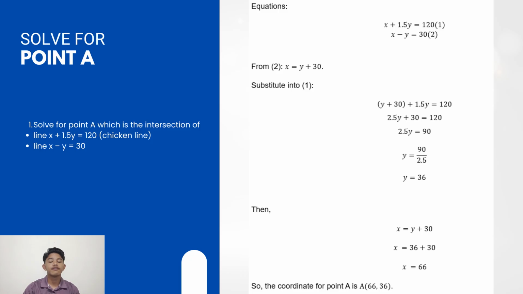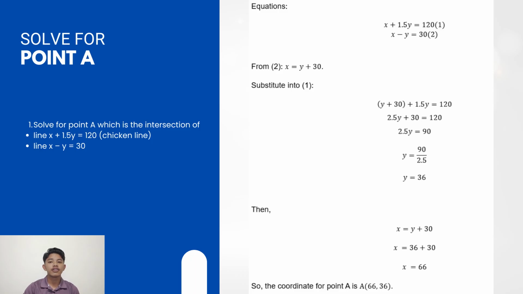Then we substitute the rearranged equation into equation 1. We have in brackets y plus 30, close the bracket, plus 1.5y equal to 120. Then we expand the bracket and solve the equation.